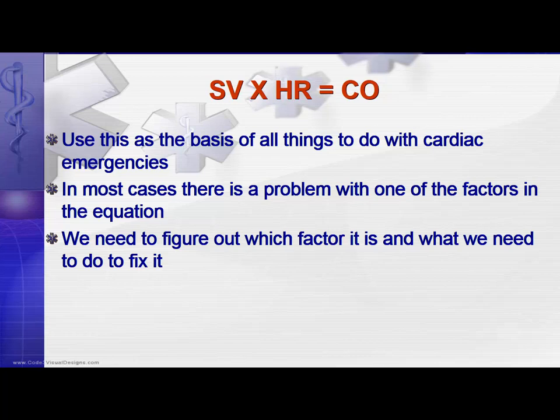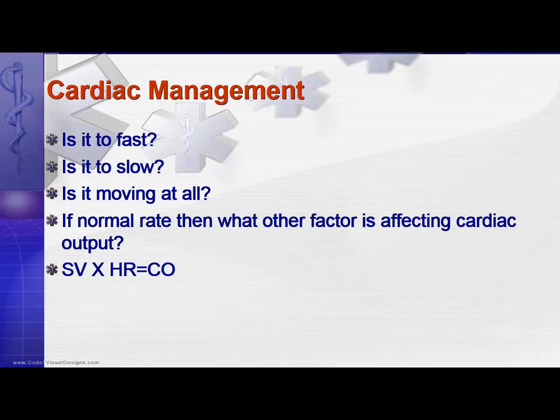So in most cases, there's a problem with one of the factors in the equation. If you can figure out what aspect of cardiac output is being affected, then you can try to fix that one thing, and the other part should come up. Is it too fast?